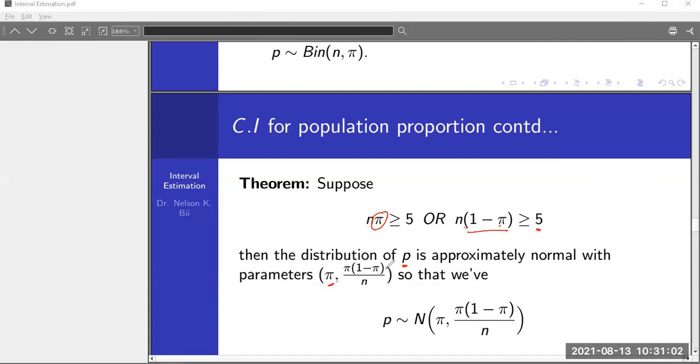Meaning that P, the sampling proportion, is normally distributed with mean pi and variance given by this value here.